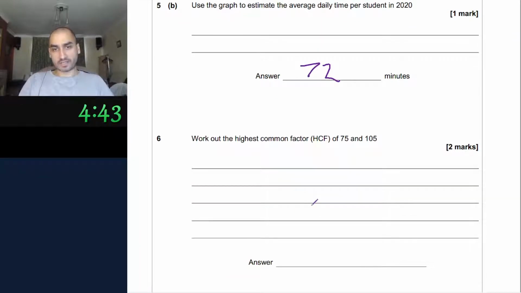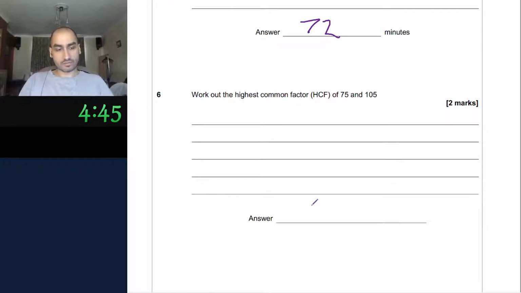Work out the highest common factor of 75 and 105. Okay. Well, they both divide by 5. So 5 times 15, and that one is 5 times 21.